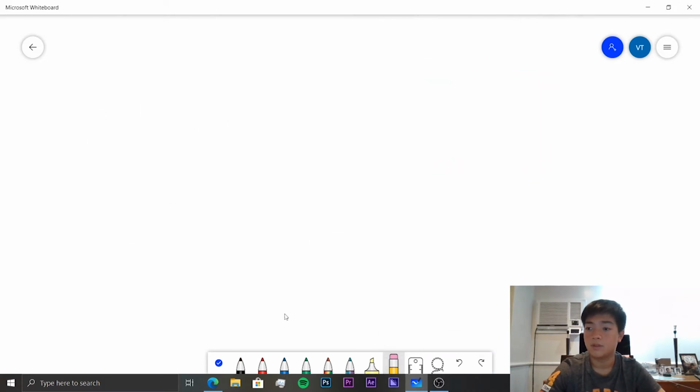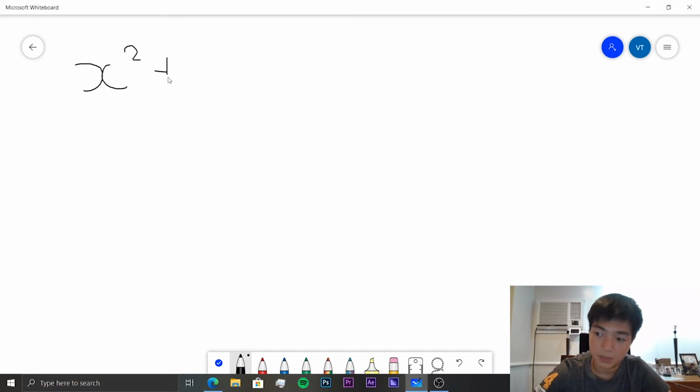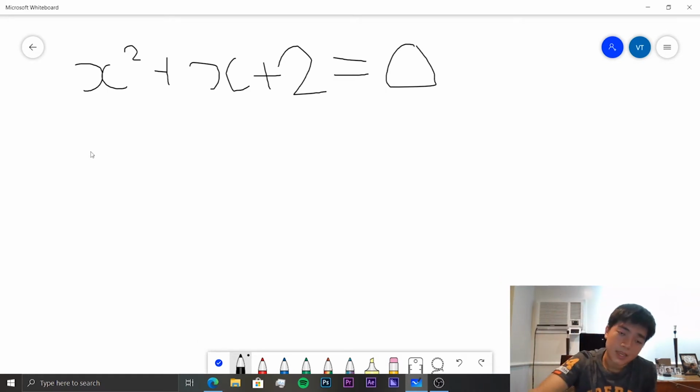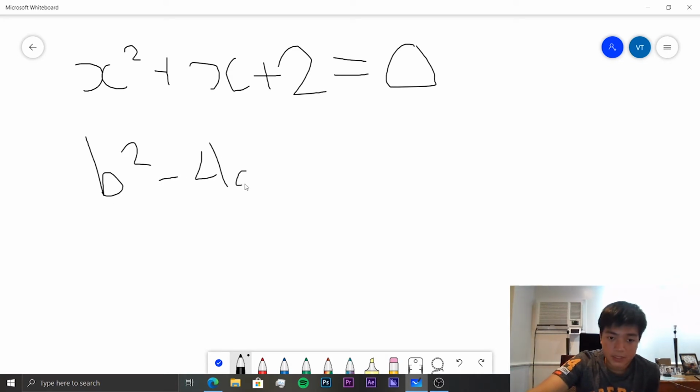Our first problem is, without solving the equations, we want to determine the nature of the roots. I'm going to do the even problems because usually they're harder. We have x squared plus x plus 2 equals 0, and we need to determine the nature of its roots. We need to look at b squared minus 4ac.